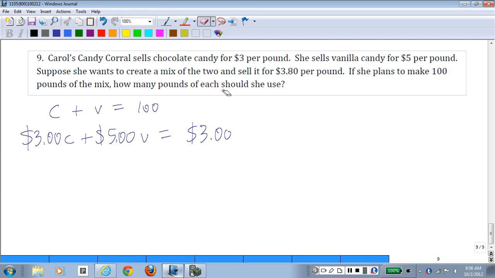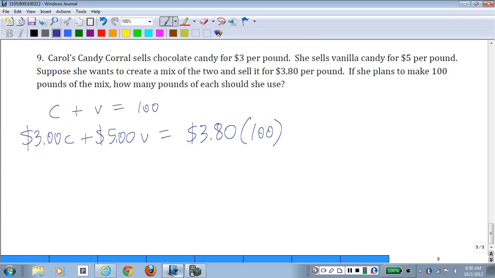right, is more than just $3.80. Definitely multiply by 100. 100 pounds of candy sell for $3.80 a pound. It ought to be worth about $380. So that's the setup. And to simplify the bottom equation a little bit, you can lose the dollar sign since every term on both sides has a dollar sign in it.